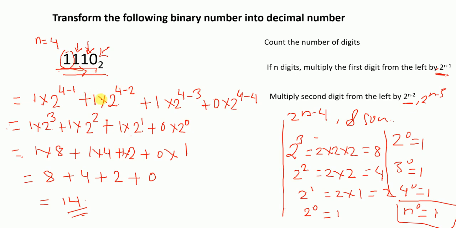You take the third digit times 2 to the power n minus 3, and the last, fourth digit is 0, so 0 multiplied by 2 to the power 4 minus 4, because it will be n minus 4. Then you simplify this, and the answer is 14.